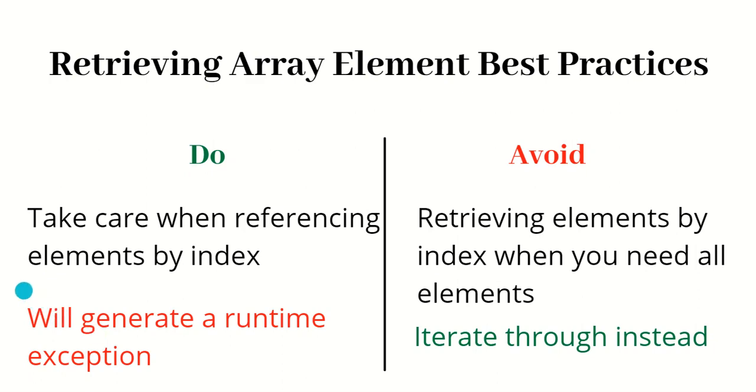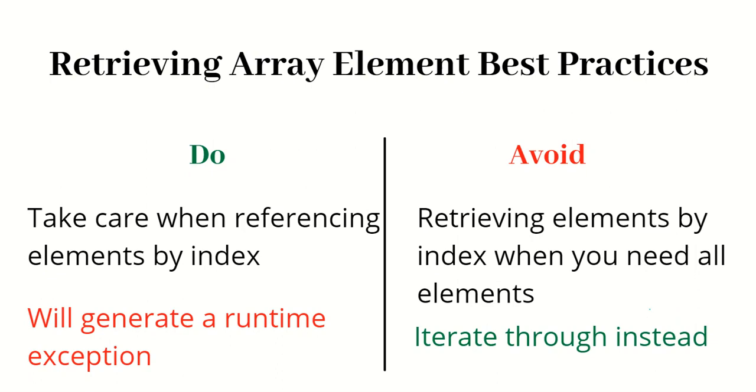So take care when referencing an element by index, and avoid retrieving elements by index when you need all elements. If you need all elements, then iterate through them instead.